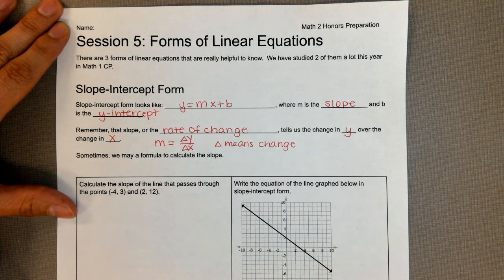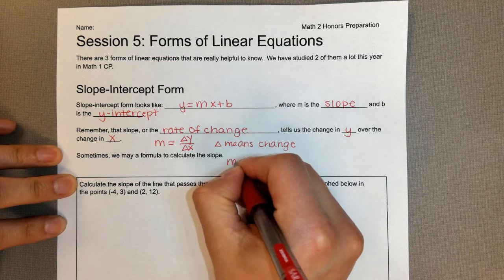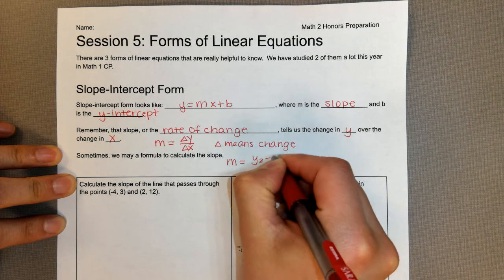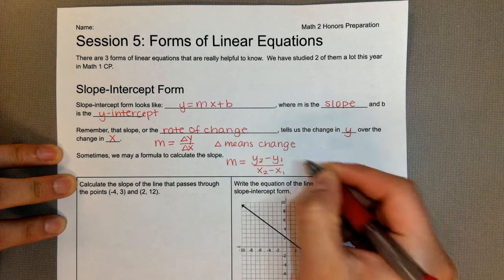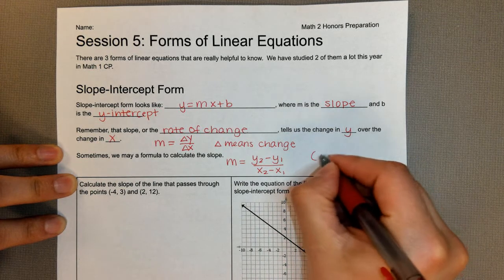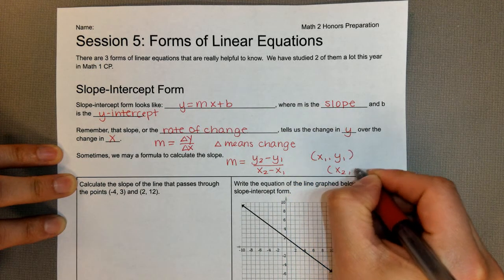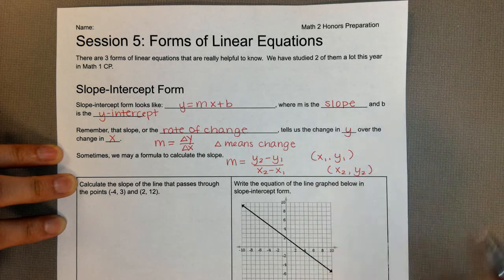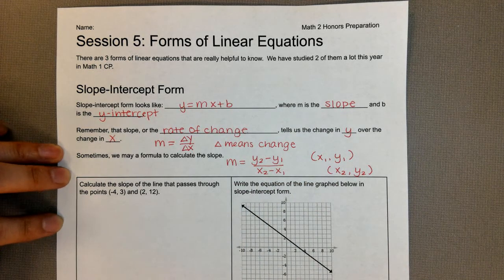You might also see slope calculated using a formula, and that formula is going to be m equals y2 minus y1 divided by x2 minus x1, and those are just labeling if you had 2 points to begin with. So it's taking the y coordinates from both of the points and subtracting them, and then the x coordinates of both of the points and subtracting those.